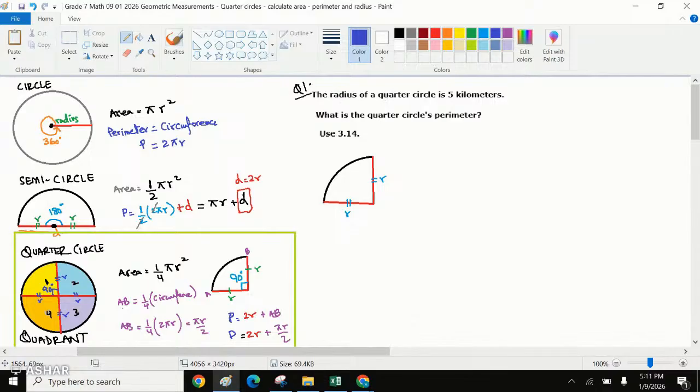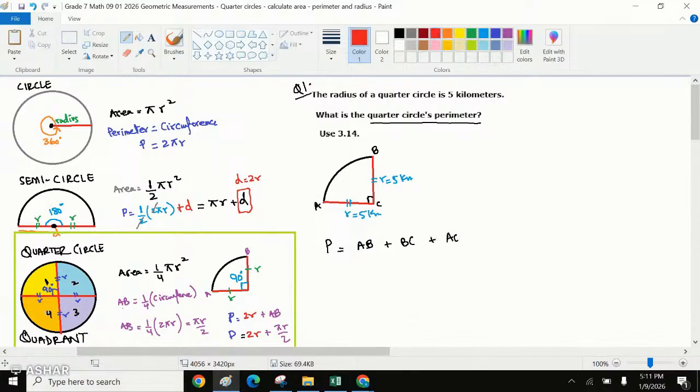The question says that the radius of a quarter circle is 5 kilometers. We need to find the quarter circle's perimeter. So how many sides are there basically? AB is the first side, and then BC and AC. They are a total of 3 sides. In order to find the perimeter, we add AB plus BC plus AC.